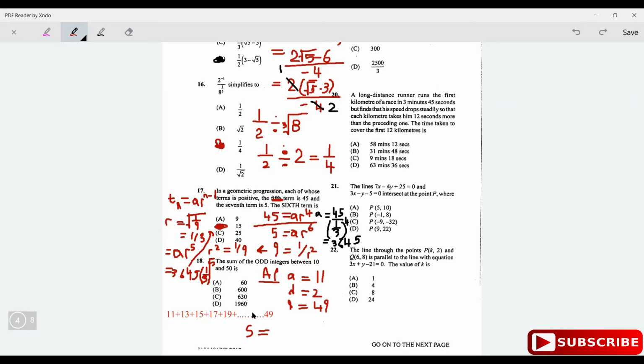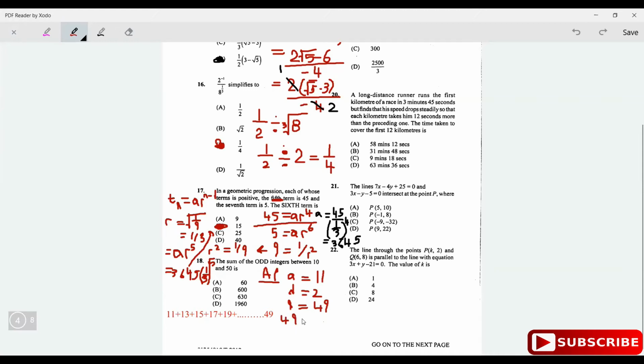Let's check if there are 25 terms, because we need to find n. Before we can use the sum formula, we need to find n. So remember, 49 is a plus n minus 1 d.